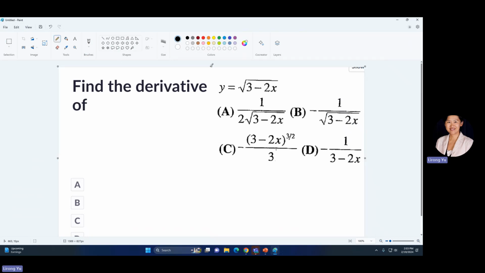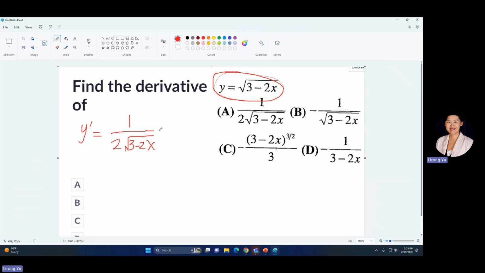The outside is a root function. So if you take the derivative of the outside function, it will be 1 over 2 times square root of 3 minus 2x. This is because the square root is the outer function.